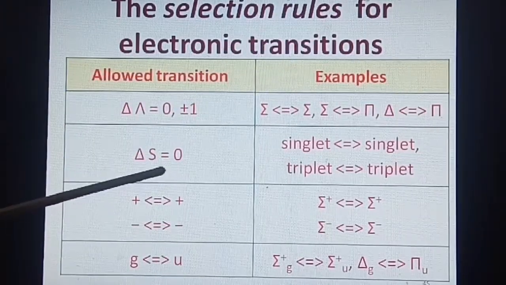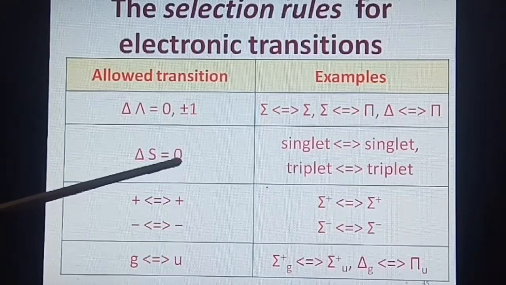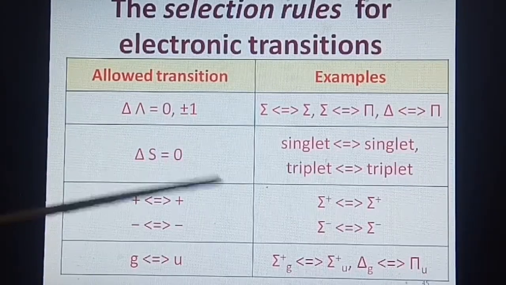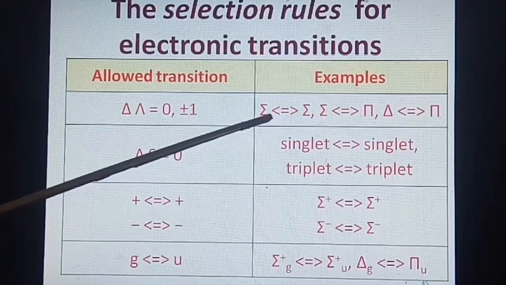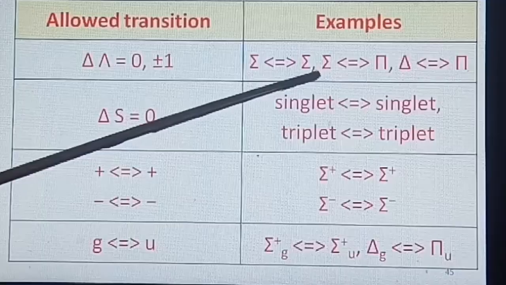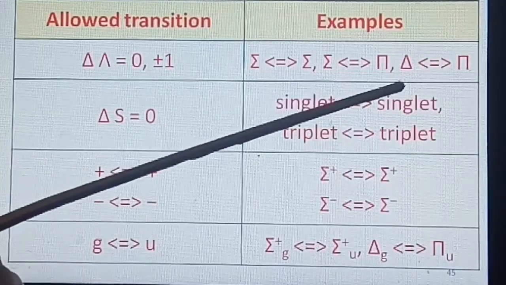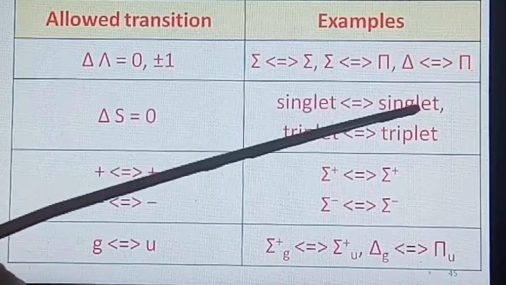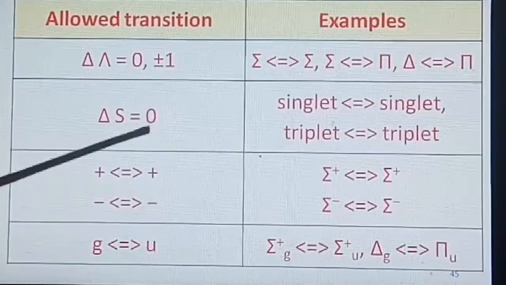Delta S is equal to 0. It means transitions can take place only when the spin multiplicity is the same. Here sigma to sigma will be allowed, sigma to pi will be allowed, and delta to pi will be allowed. Here singlet to singlet will be allowed, triplet to triplet will be allowed.